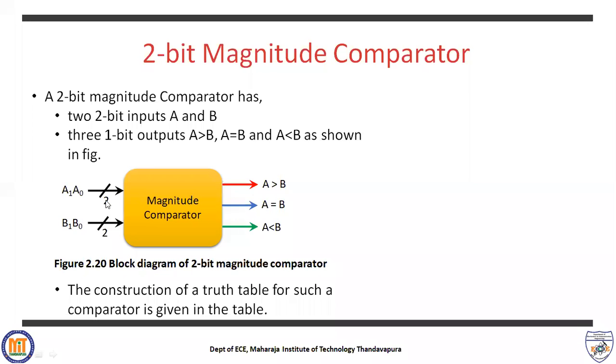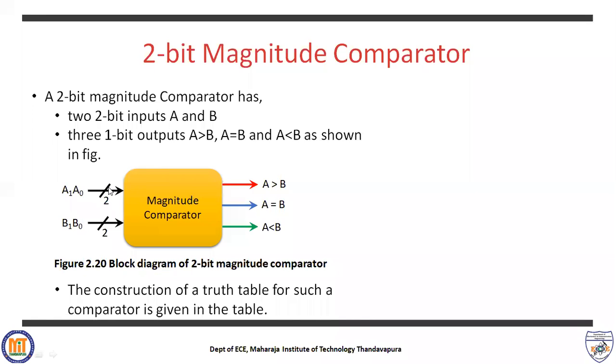Suppose, for example, in simple diagrams this is fine. But if you have 10 input lines, then you would need to write 10 lines. Instead of writing 10 lines, you can write one input line, put a slash on that line, and represent the number of lines by a numerical value. So this slash with a numerical value represents how many input lines there are.